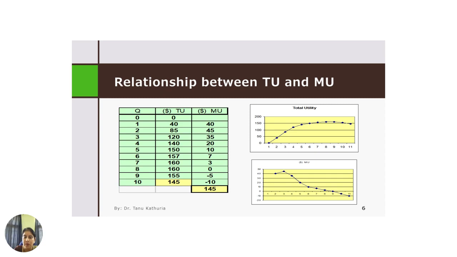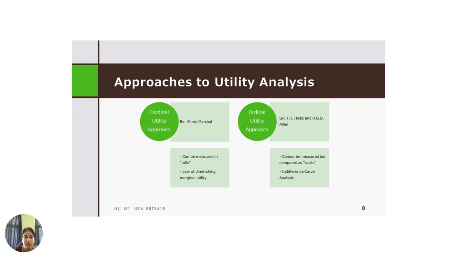But the marginal utility curve increases, reaches its maximum, starts to fall and touches the x-axis, where marginal utility is zero, then comes into the negative zone as well. That means it is negative.